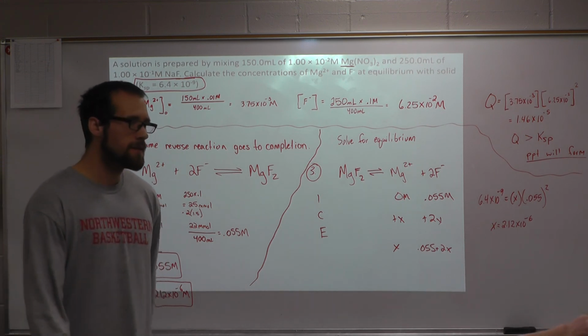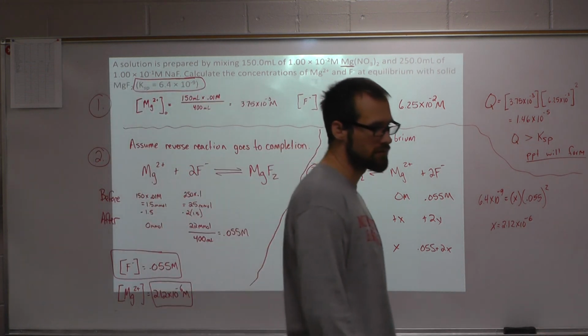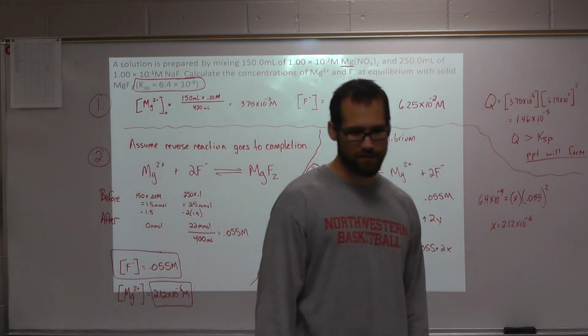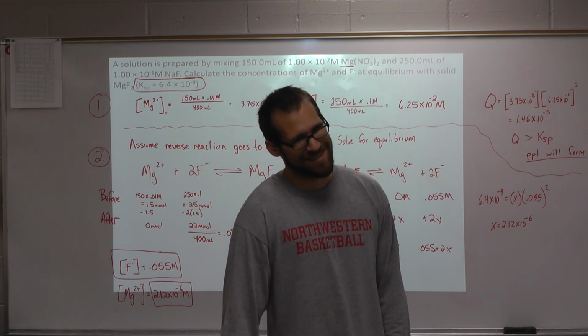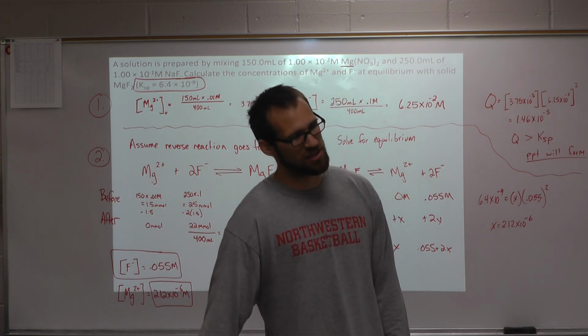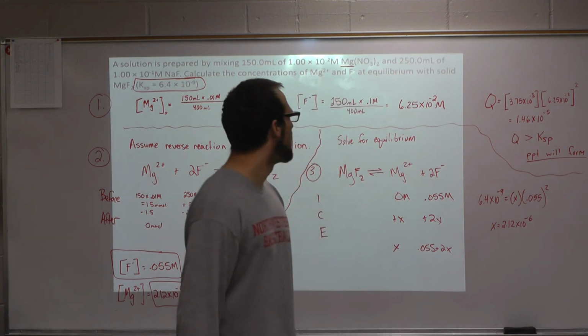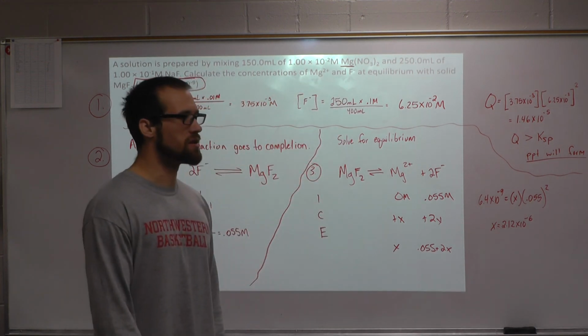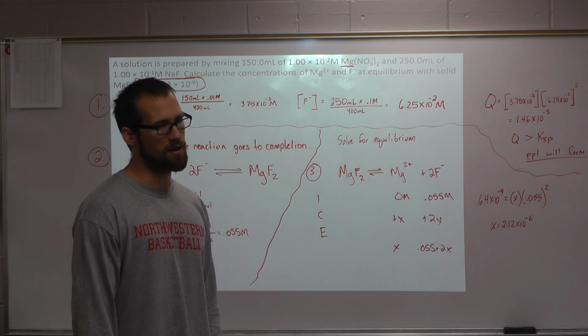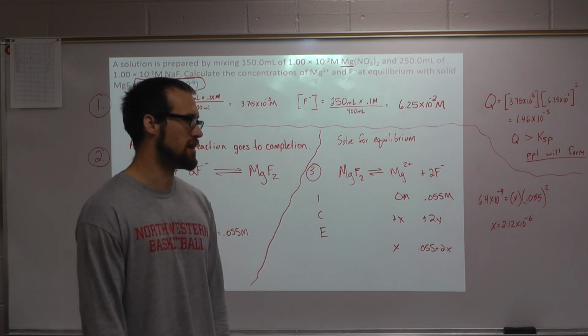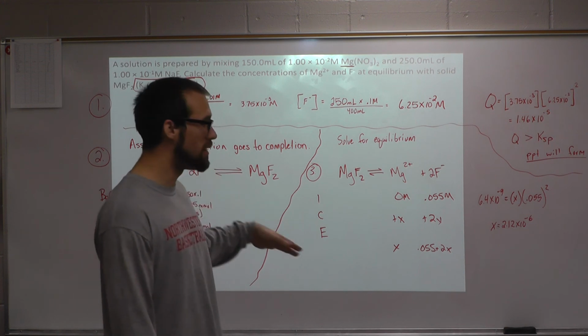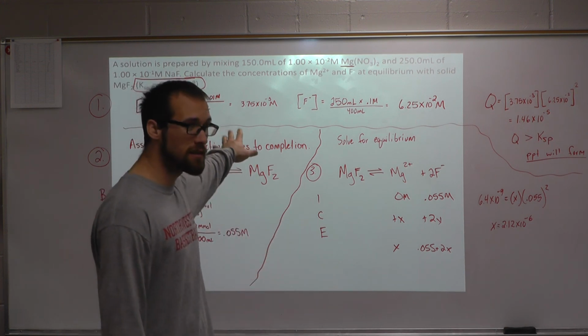Are you always going to have one that precipitates, or do we always have to do that first step just in case you miss? I would always do it just in case. Just ignore the first step? Well, the reason why I don't want you to ignore it is because what's likely going to happen on a test is I'm just going to ask you, will it precipitate or not? And I won't ask you to do the rest of it. I might ask you to do one of these.